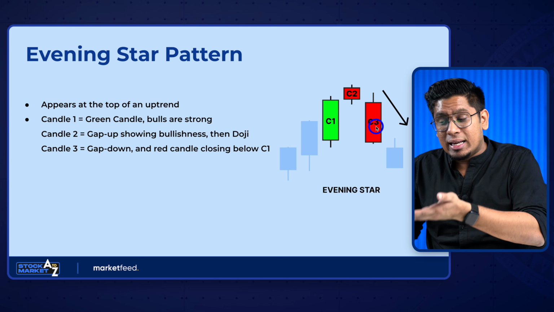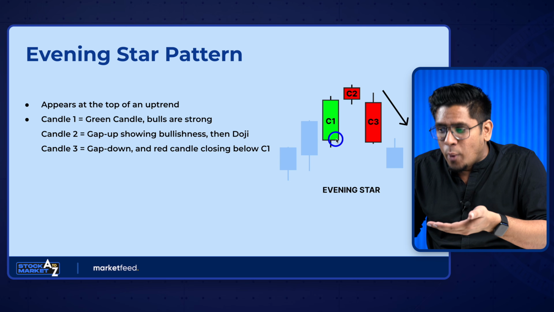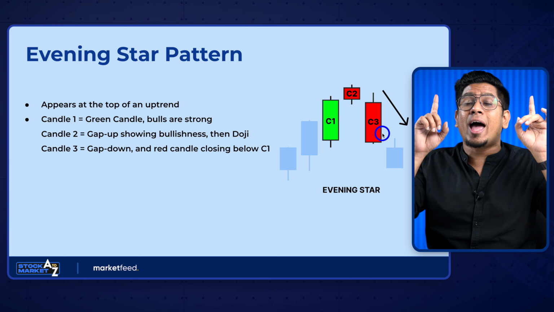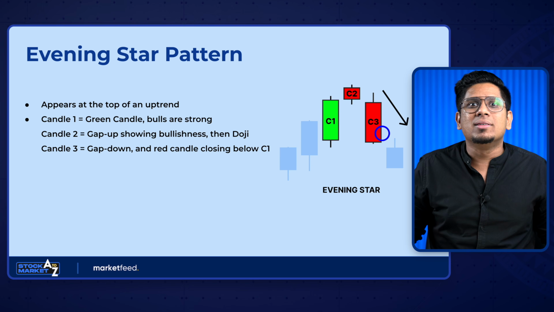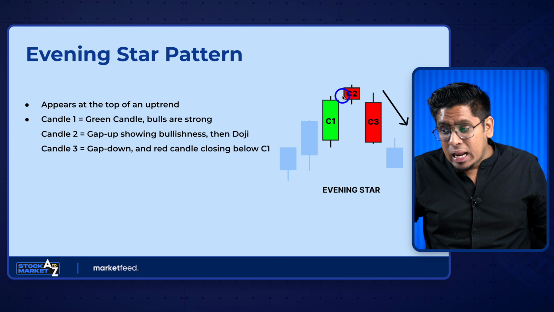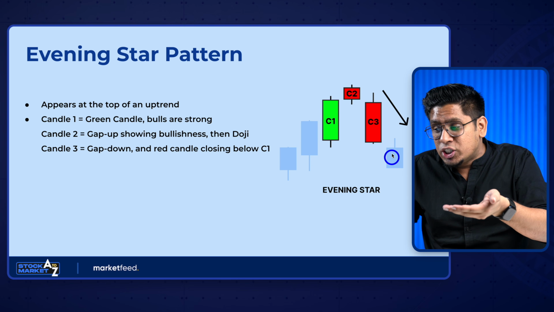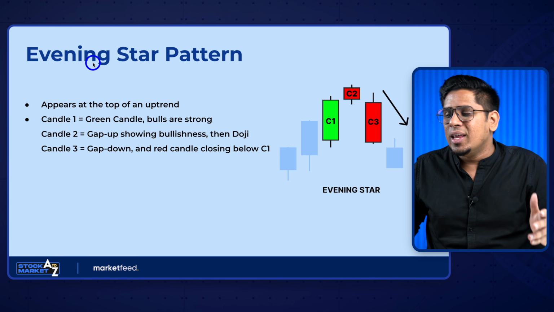But then forms a C3 red candle, which actually closes below the open of C1, which says that, okay, buyers have been completely exhausted and sellers are super enthusiastic to sell now. Amazing, right? If you were in an original long position, you could exit your long position and you could probably initiate your fresh short position here. That's exactly what an evening star pattern is.